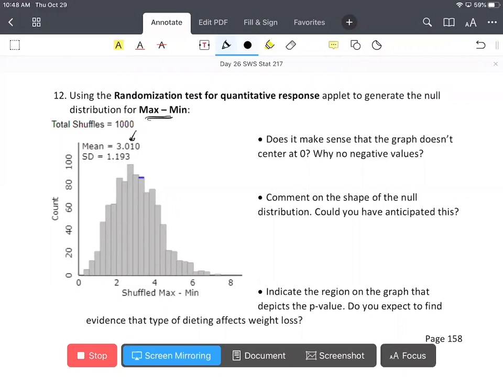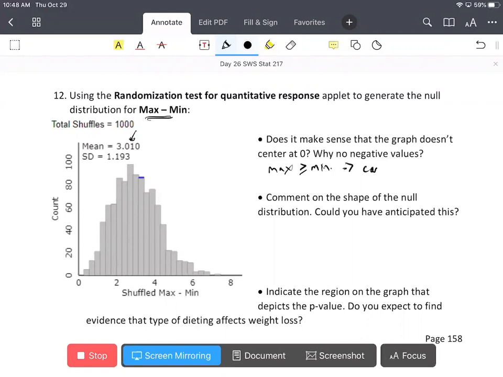And why are there no negative values? Well, remember, we're doing max minus min. And the max is always going to be greater than or equal to the min. There are not going to be negative values here. So it can't be less than 0. Max, in this case, is always going to be greater than or equal to the min.